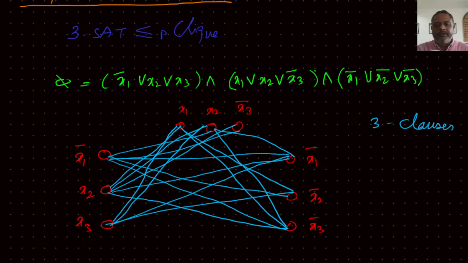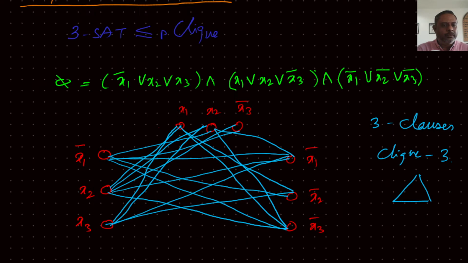Therefore, we need a clique of size 3. Three clauses means a size-3 clique is required, and a size-3 clique is a triangle. So try to identify a triangle in this.